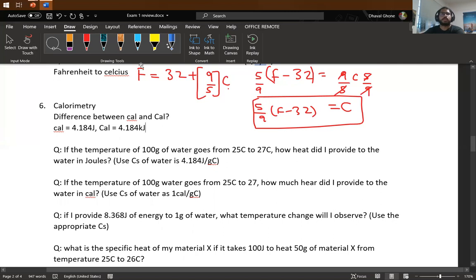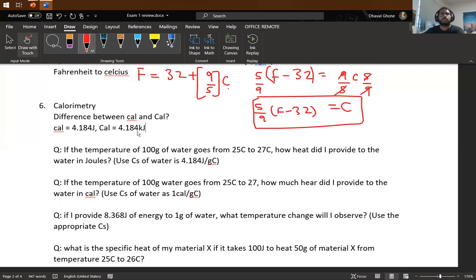That's the only difference. If I ask you to convert this kilojoules to joules, to do that, it's pretty simple. Okay, you know what? You try it on your own first, and then come back to the video. But I'm going to try to solve it over here right now. I want to convert 4.184 from kilojoules to joules, and the ratio is 1 kilo of anything is always equal to 1,000, or I should say 10 to the power 3.